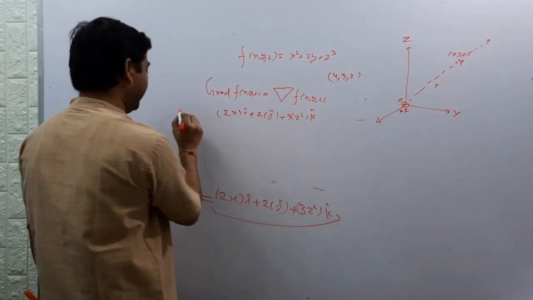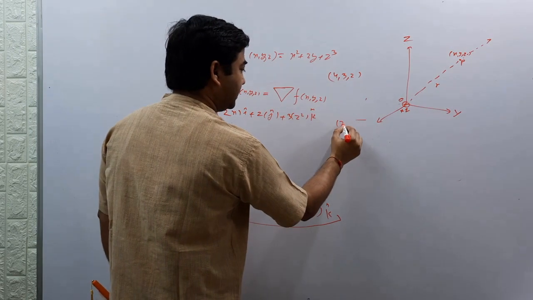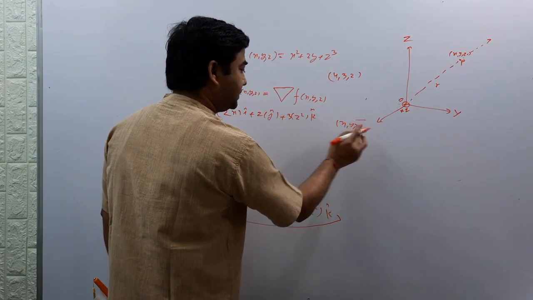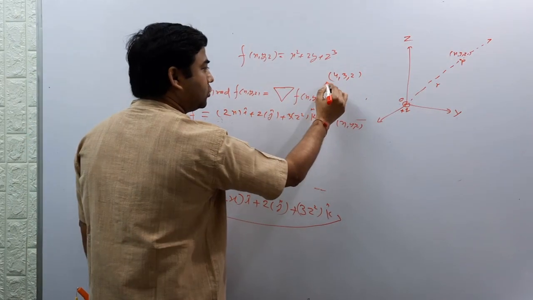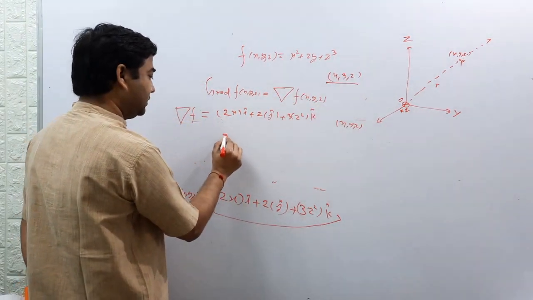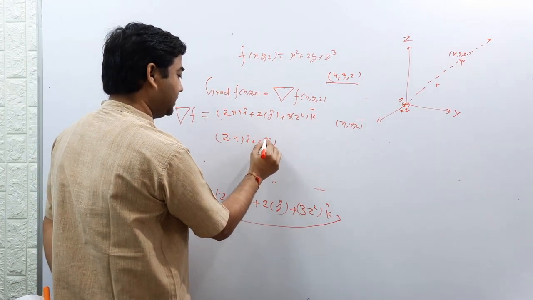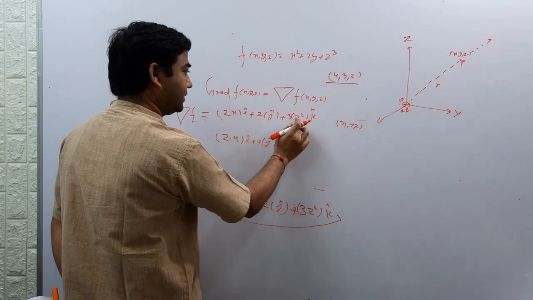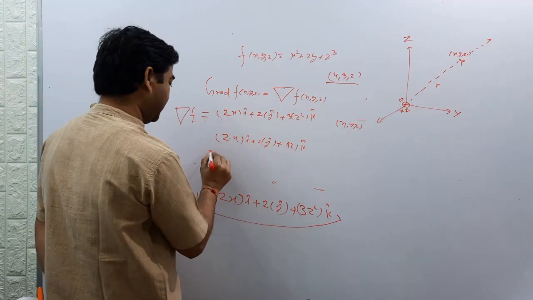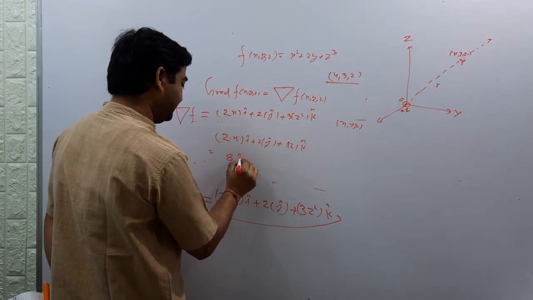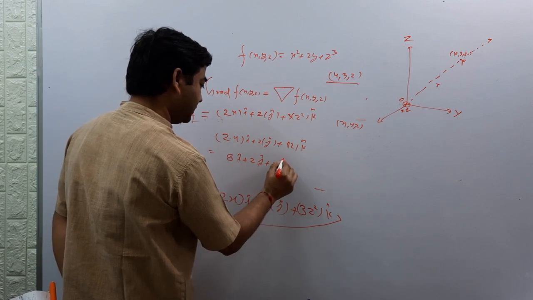So this is gradient of f at point x comma y comma z, general point. So gradient at point 4 3 2 will be 2 into 4 i plus 2j plus 3 z square 4 into 4, that is 12 k, that is 8i plus 2j plus 12k.